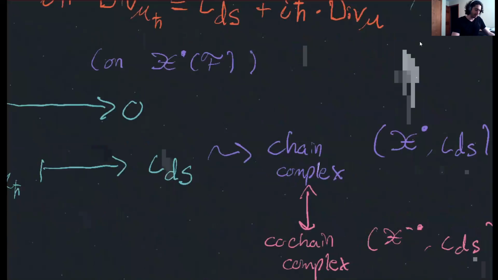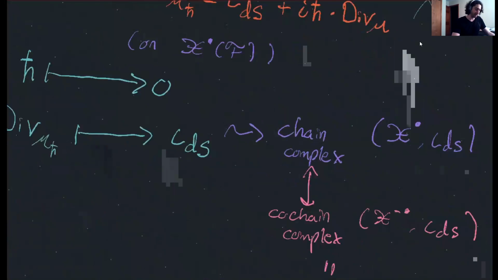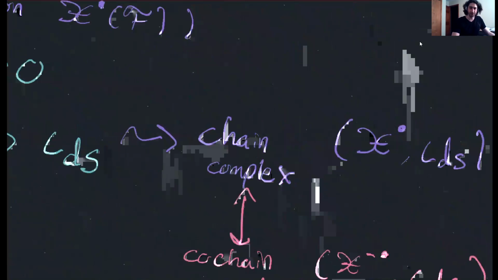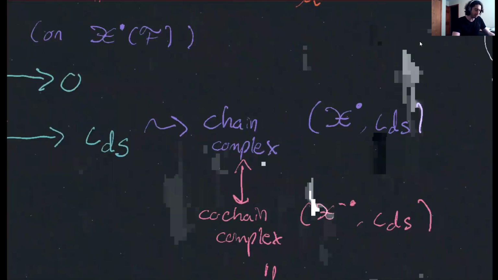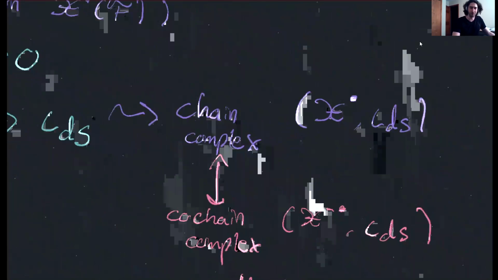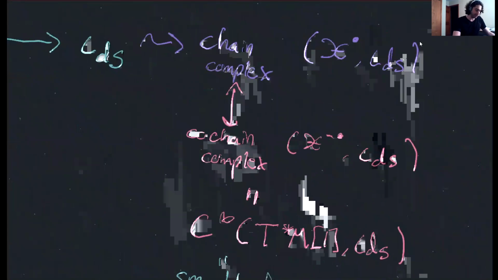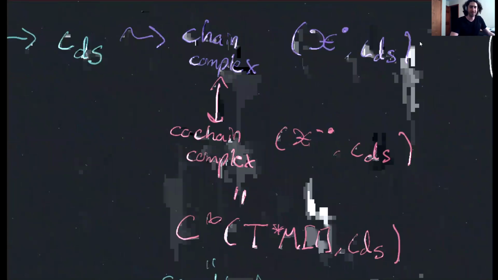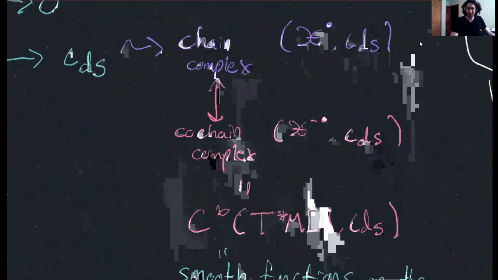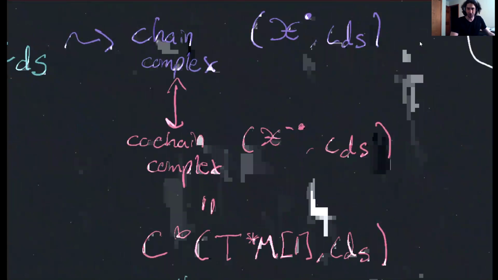As a chain complex, it's multi-vector fields. As a cochain complex, it's the same thing, but in degrees minus n. That's just smooth functions on the shifted cotangent bundle, with the differential being insertion of ds.